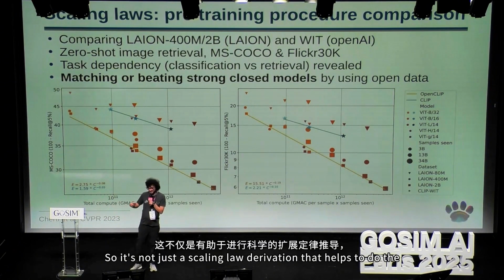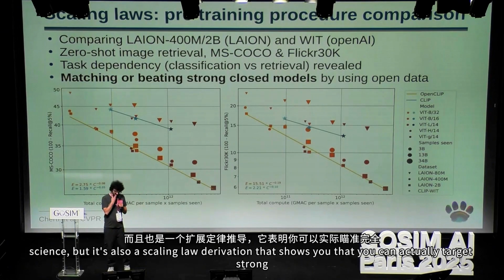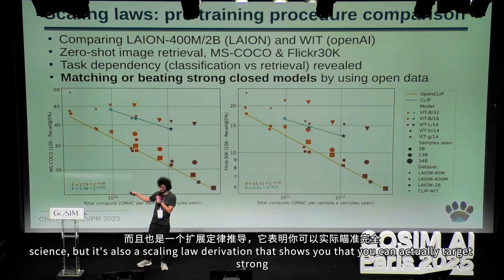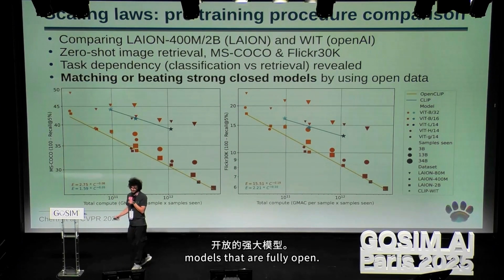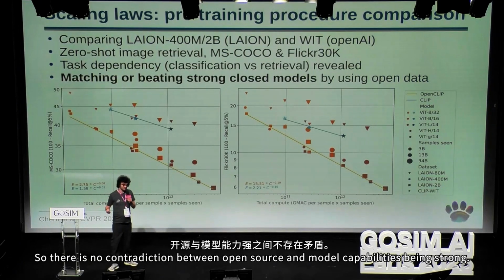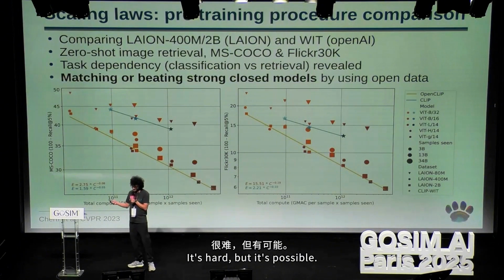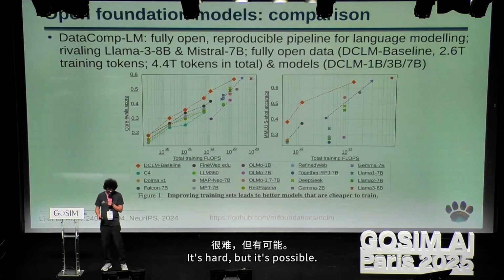So it's not just a scaling law derivation that helps to do the science, but it's also a scaling law derivation that shows you that you can actually target strong models that are fully open. So there is no contradiction between open source and model capabilities being strong. It's hard, but it's possible.